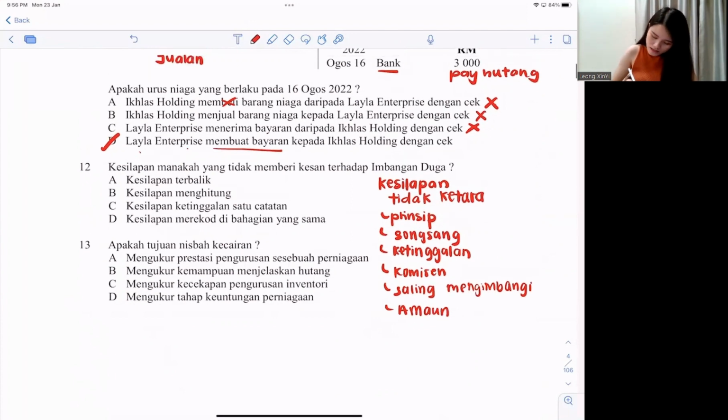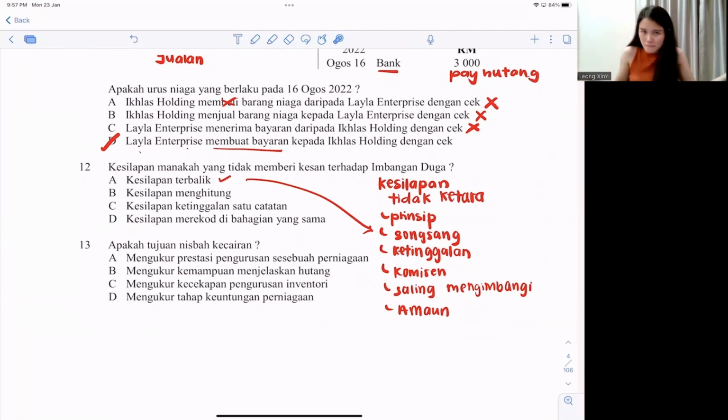So yeah, kesilapan. This is correct. No, why? Because the ballet is actually songsang in a more informal way lah. But if you look at it, menghitung wrong, right? But it's not both sides, because kesilapan tidak ketara doesn't even have a kesilapan menghitung. It's a kesilapan amount. And I would say lah, even if it's a kesilapan ketara, like the obvious one, we don't call it kesilapan menghitung.